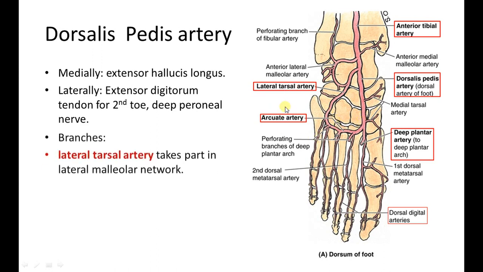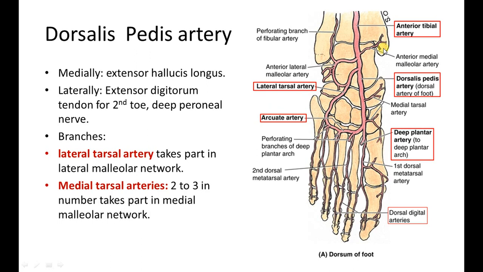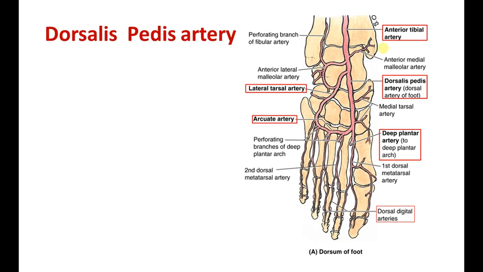Lateral tarsal artery takes part in the lateral malleolar network, an arterial anastomosis around the lateral malleolus. Medial tarsal artery takes part in the medial malleolar network. Then you see the arcuate artery.